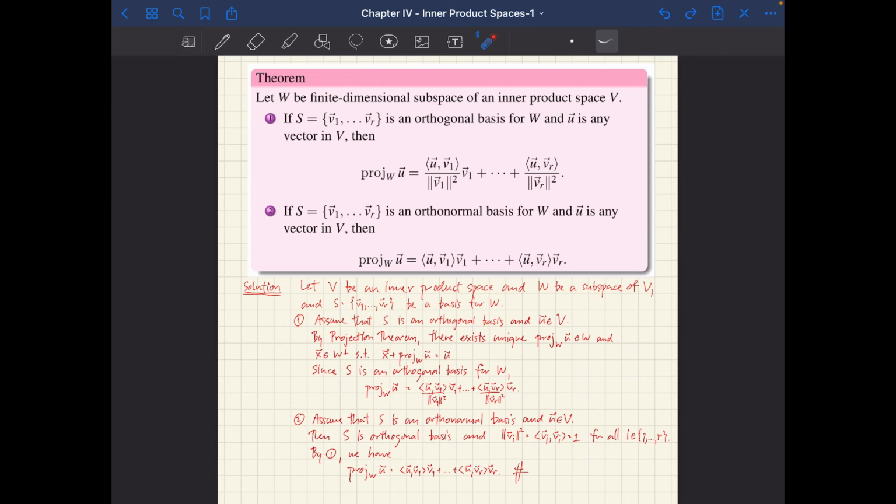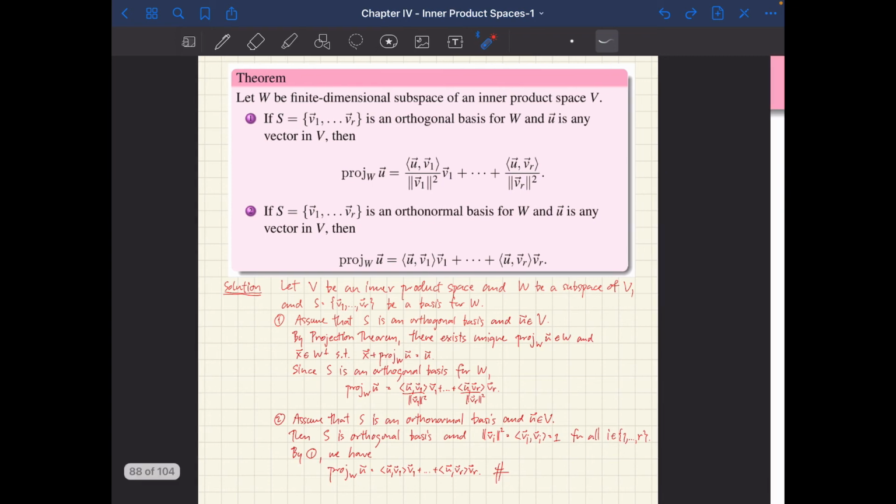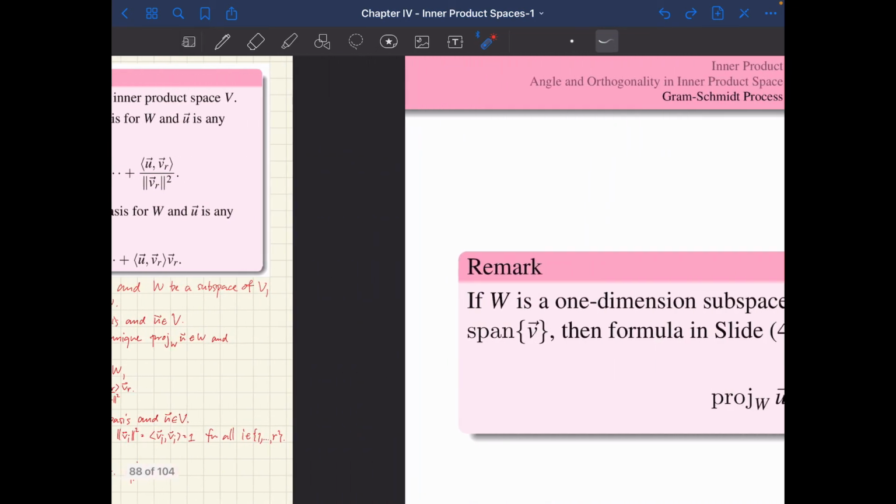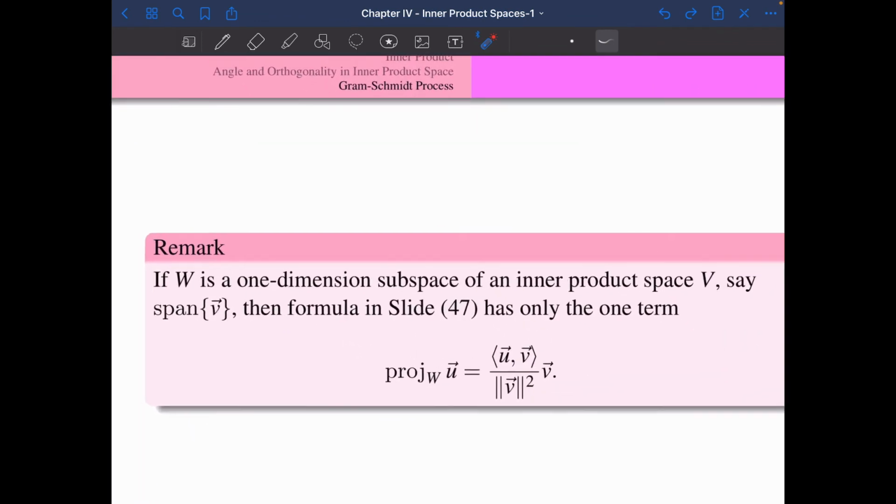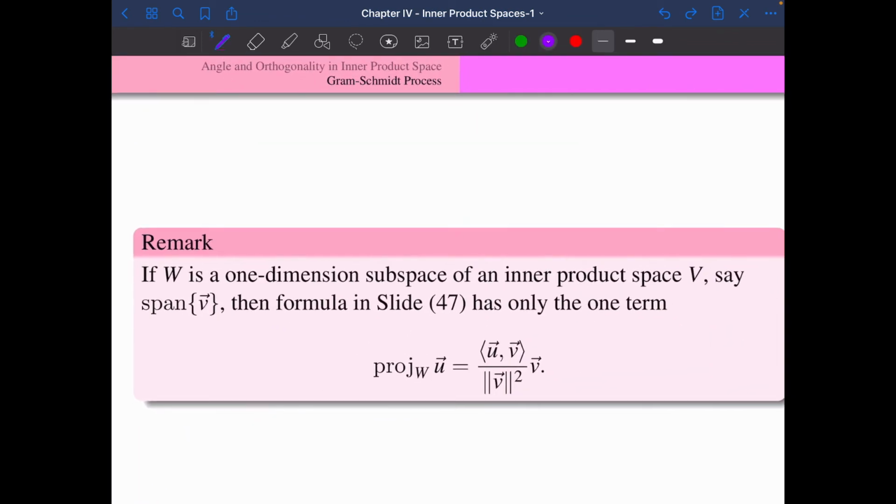Okay, we will move to some remarks. From this one, I think all of you can remember the projection vector of u on V that we already learned in M4, right? If we have a vector u and vector V here, we can find the projection.